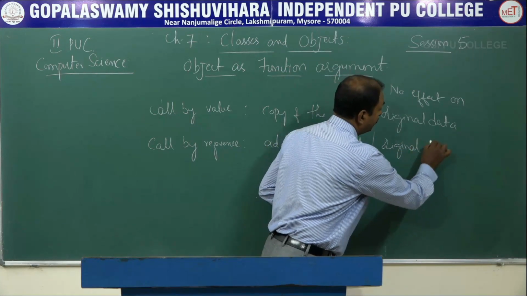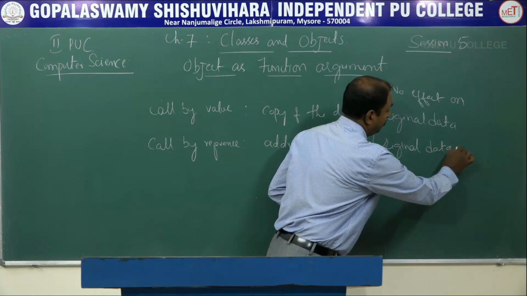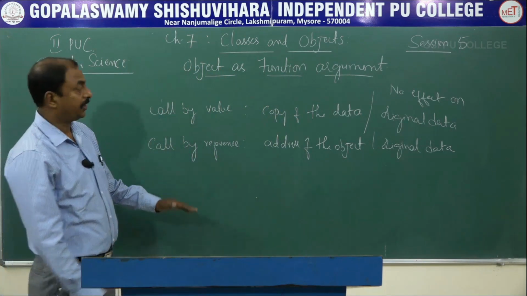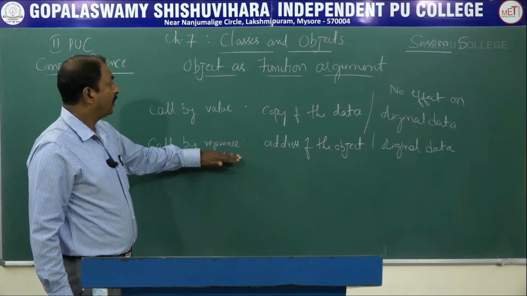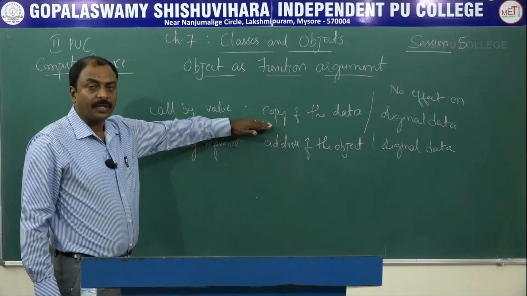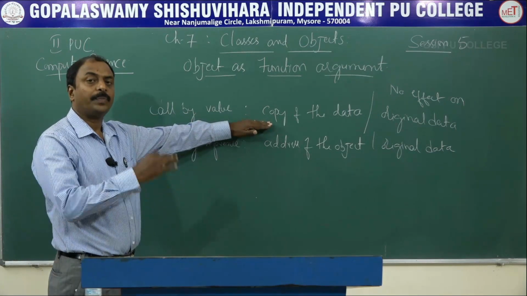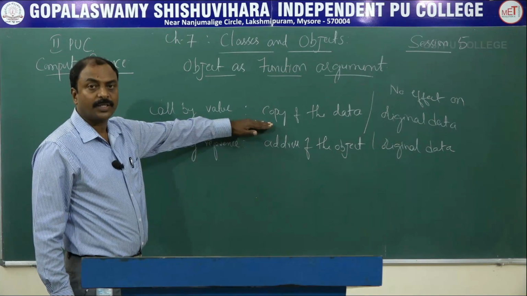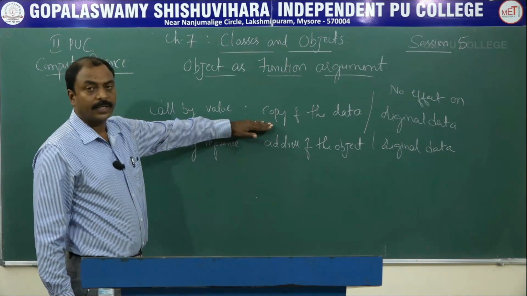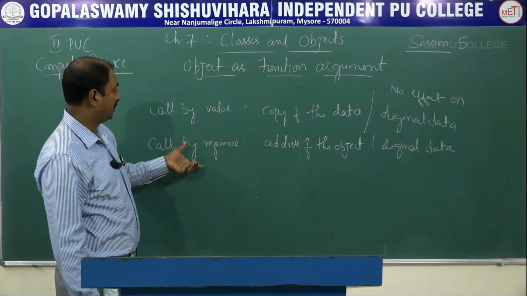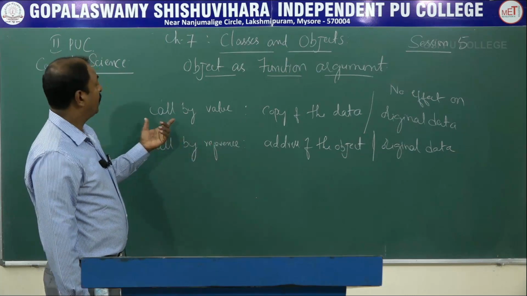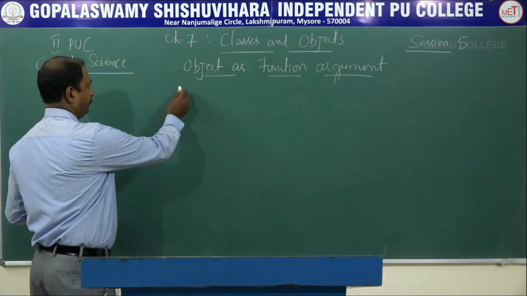You already learned these concepts last year with a simple example of interchanging or swapping the values of two variables. I would like you to recall what you have learned about this concept. Now let me explain with a simple program of call by value method.